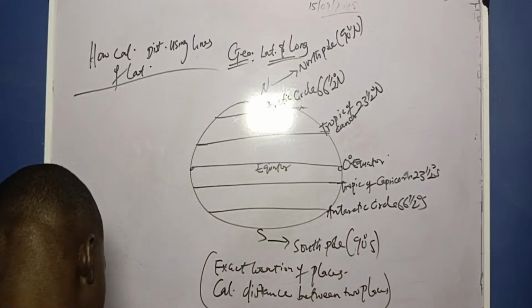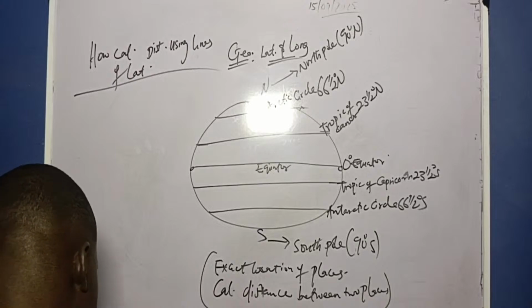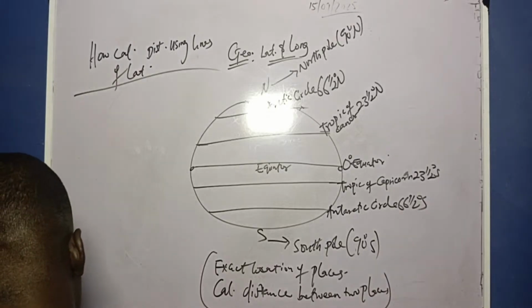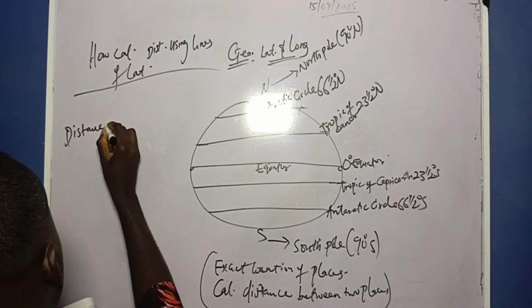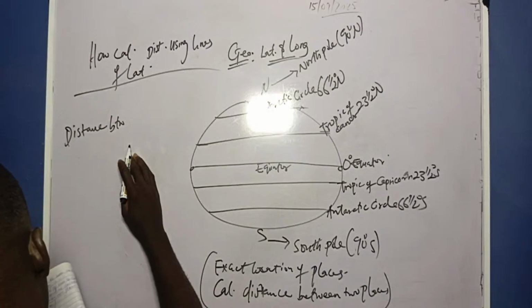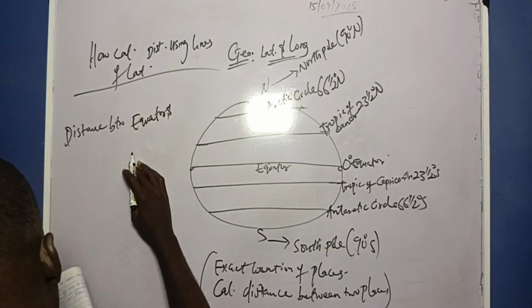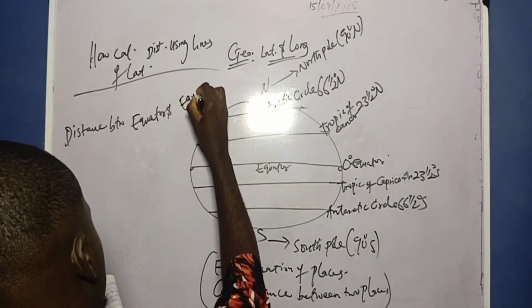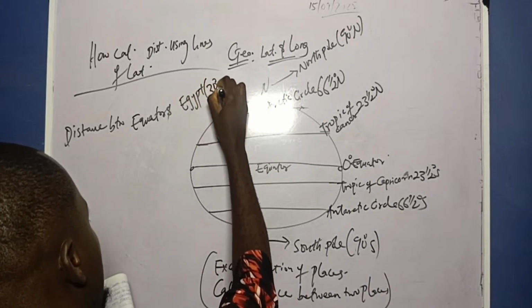So for instance, I want to know the distance between the equator and Egypt, at 30 degrees north latitude.